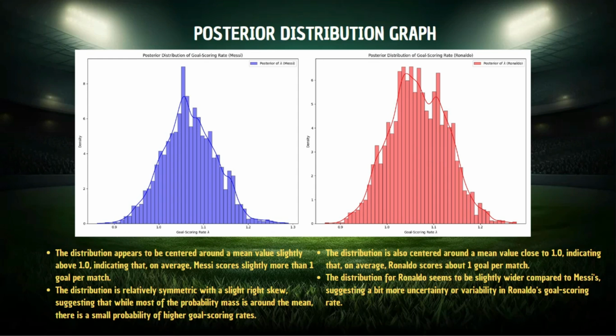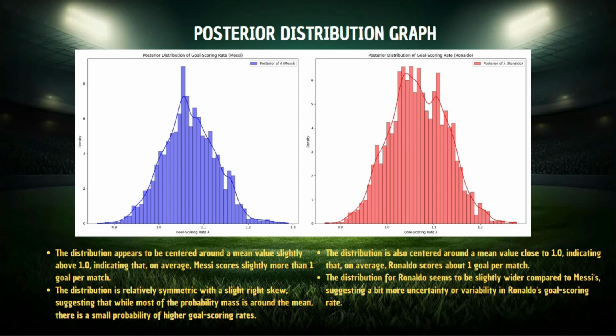The distribution for Ronaldo seems to be slightly wider compared to Messi's, suggesting a bit more uncertainty or variability in Ronaldo's goal scoring rate. And the mean of Ronaldo's posterior distribution can be interpreted as the expected goal scoring rate, and this 95% confidence interval gives us a range within which we expect Ronaldo's true goal scoring rate to fall 95% of the time.